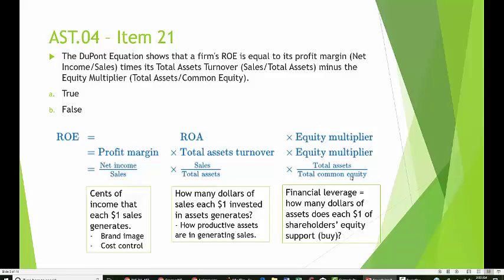Debt can be the friend if the company has a lot of sales. Debt can be the enemy if sales don't come through. So leverage is one of those tools that businesses use when they forecast higher economic conditions in the future.